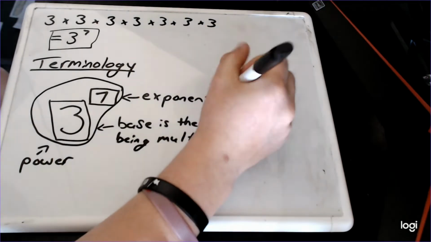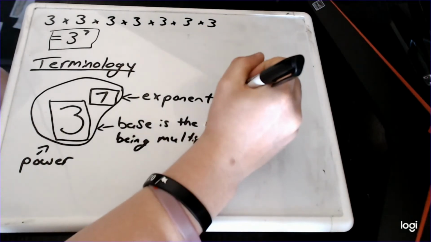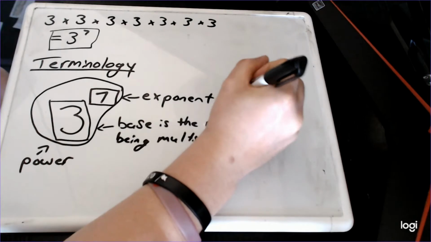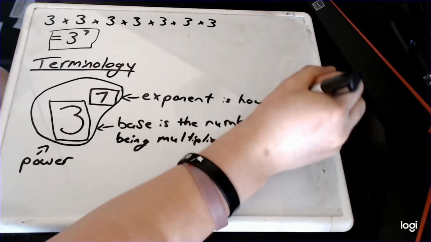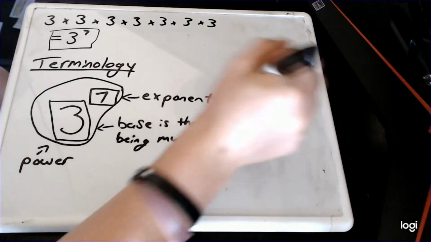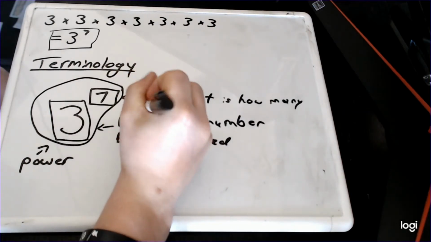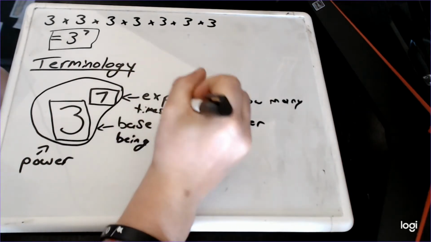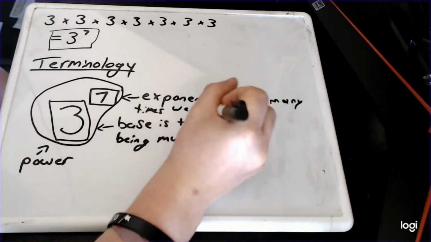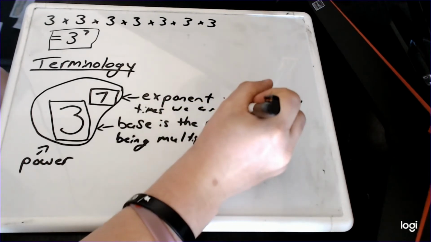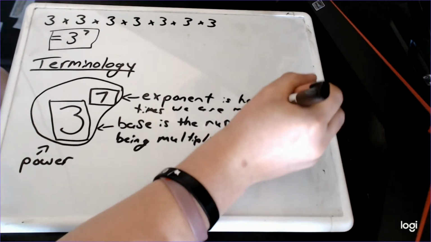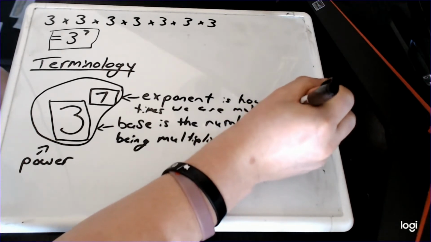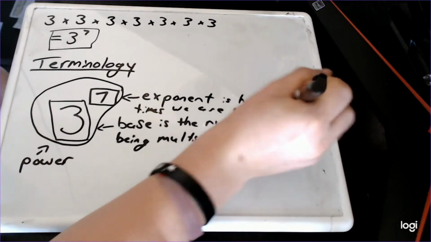And the exponent is how many times it's being multiplied. How many times we are multiplying. Excellent.